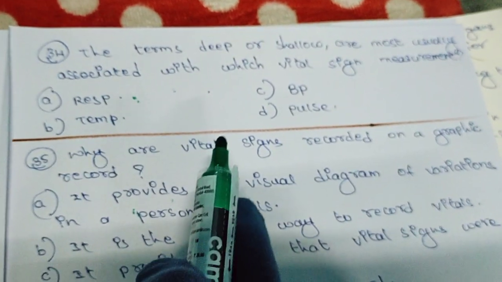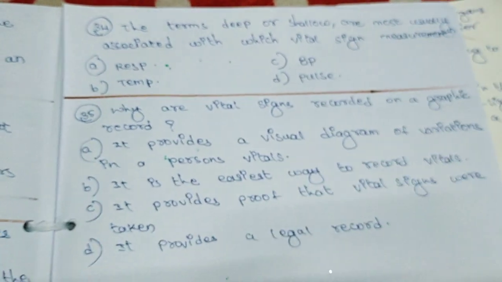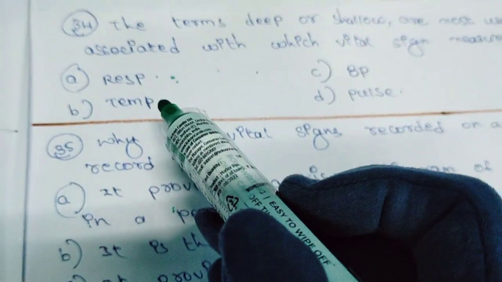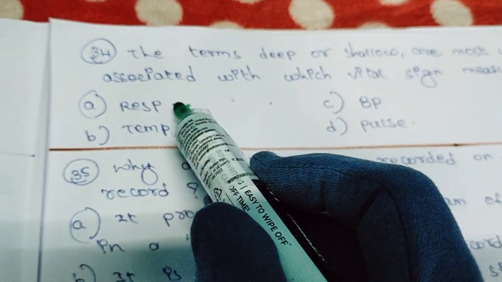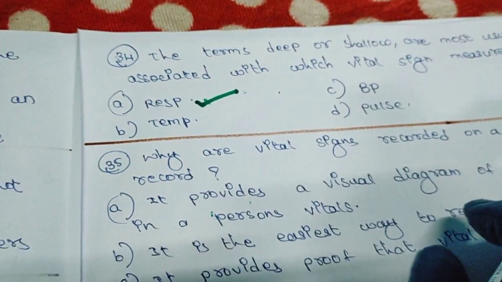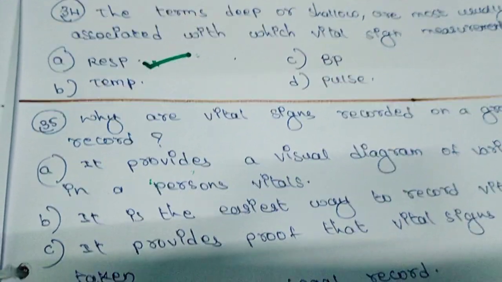The next question, the terms deep or shallow are most commonly associated with the measurement of which vital sign? Deep and shallow are the terms most commonly used for the respiratory rate. It is not for temperature, BP or pulse, it is for the respiratory rate. We say shallow breathing or deep breathing. So these are used for respiratory rate.